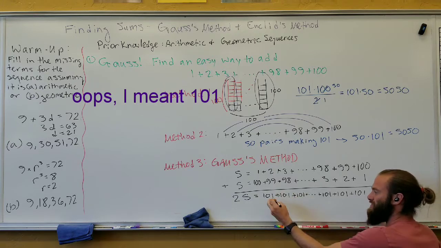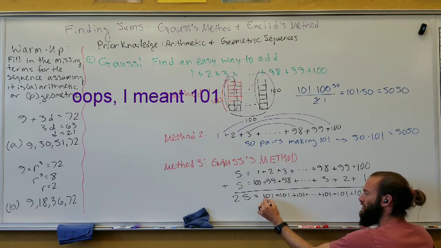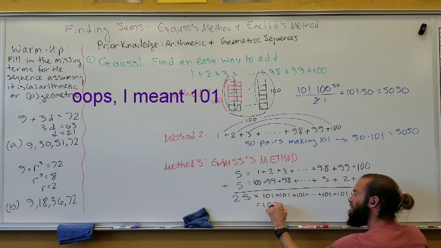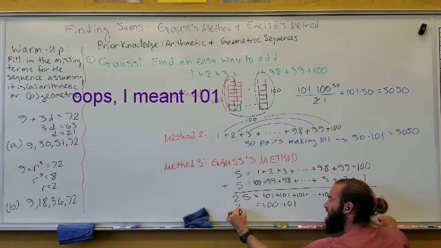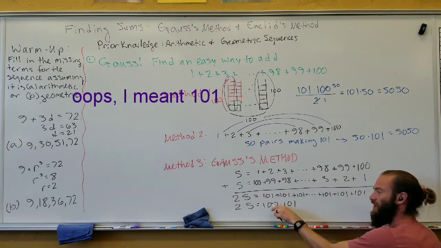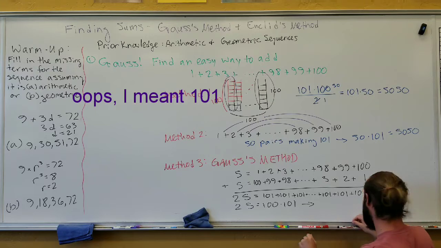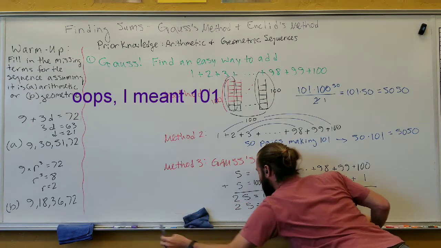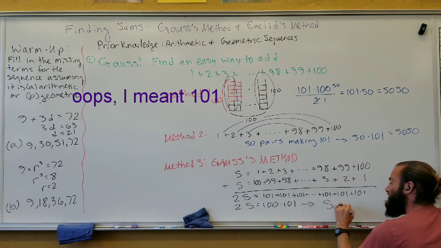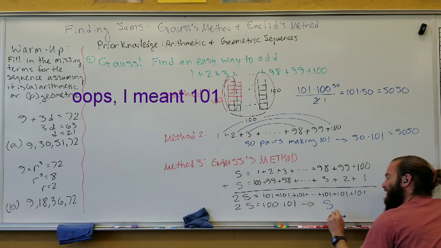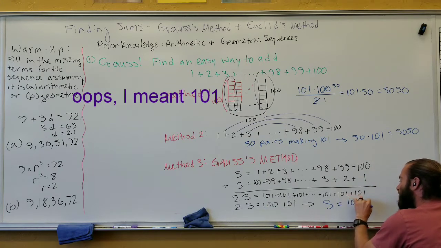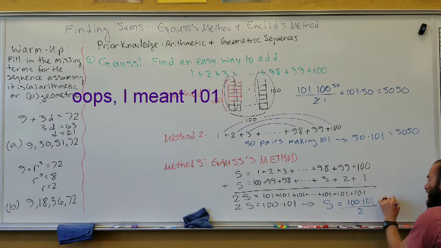Well, in this case, there's actually 100 of them. And so we get 2S equals 100 times 101, and therefore, the sum itself, because we can just divide by 2 now, is equal to 100 times 101 over 2, and what do you know? It still ends up being 5,050.